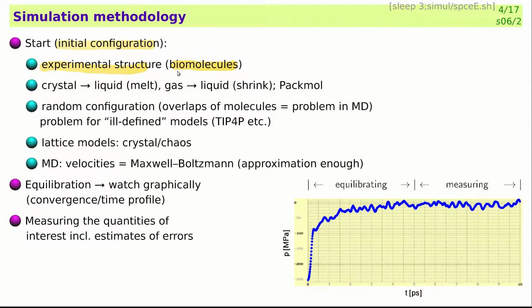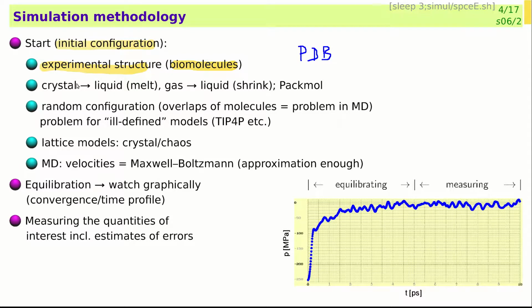One of them for proteins is the so-called PDB, the protein database, and you get your structure in a well-described format that you can use in your code, and most packages can read this format.